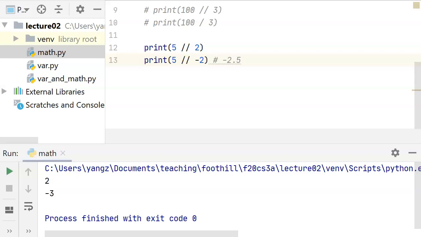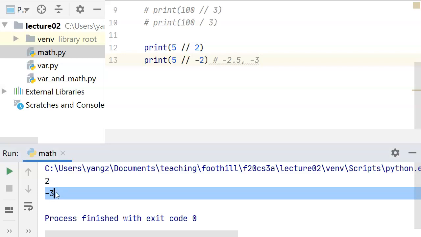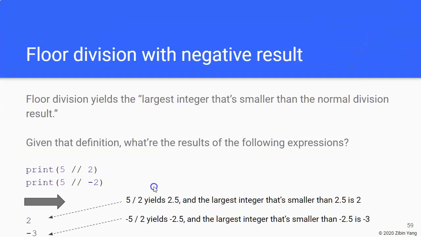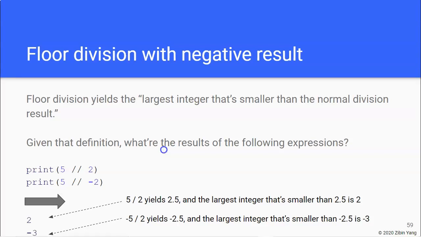And because it's negative 2.5, the largest integer that is smaller than negative 2.5 would be negative 3. And that's where it gets the result from. So yeah, negative floor division is a little trickier, but I hope it makes sense.